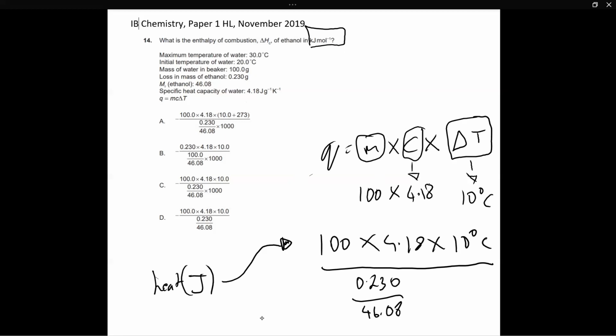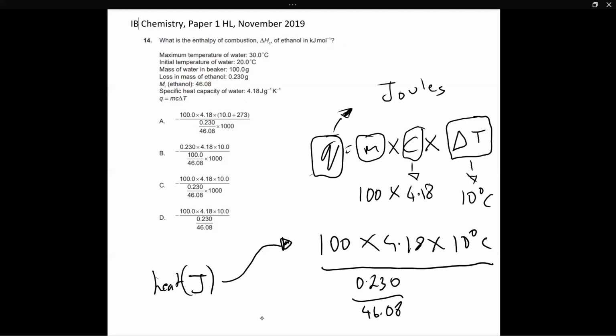And you might look at this and think, oh, okay, we're done with our job here, but not quite, because remember, the heat energy that we have calculated, or the amount of heat that has been given out, we have calculated in joules. Q is equal to MC delta T. The unit for Q is joules. But we need to calculate the enthalpy of combustion of ethanol in kilojoules per mole.